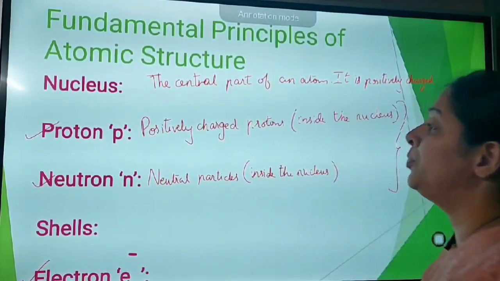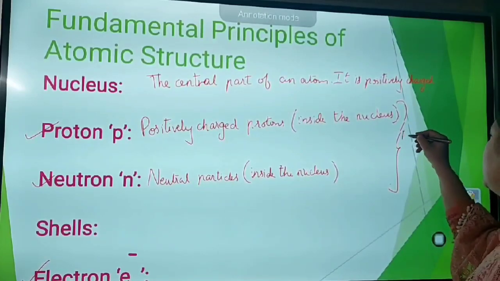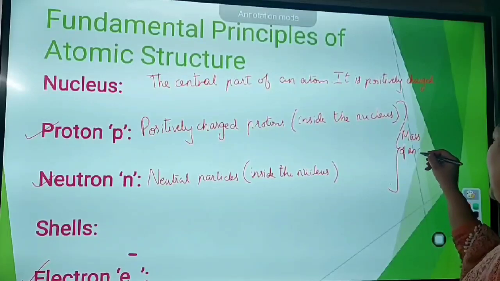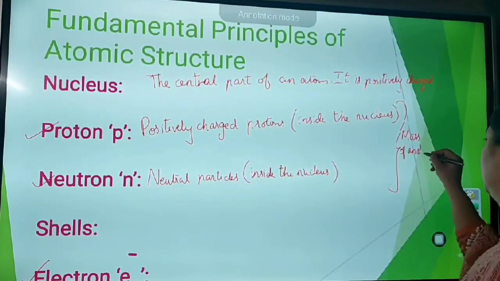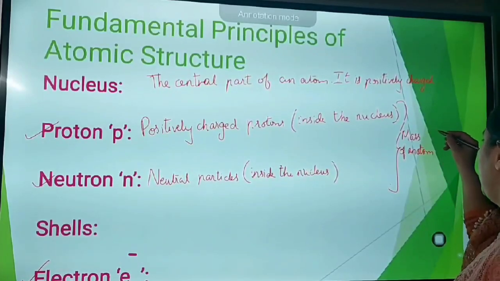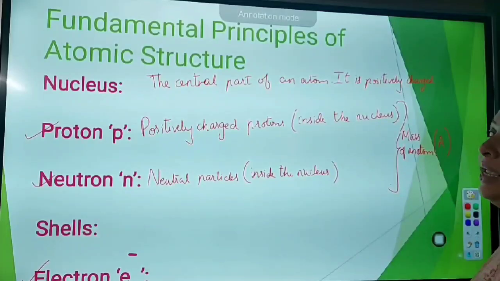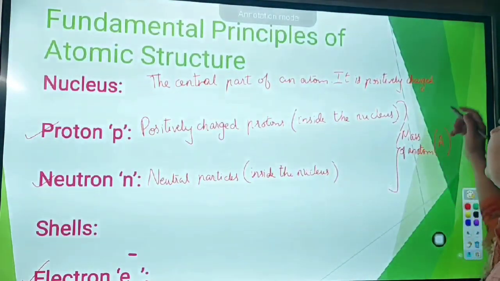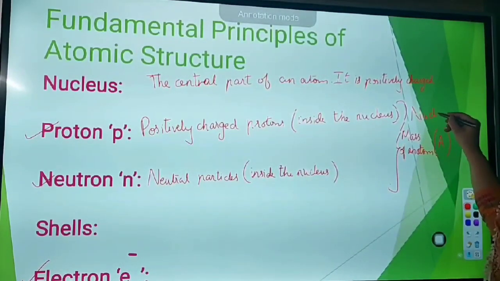Remember, children, both the protons and the neutrons form the mass of an atom, and the mass of an atom is denoted by A. Alright, together the protons and neutrons are also called nucleons.